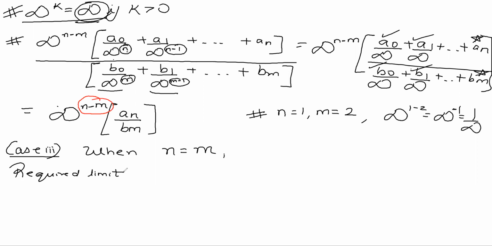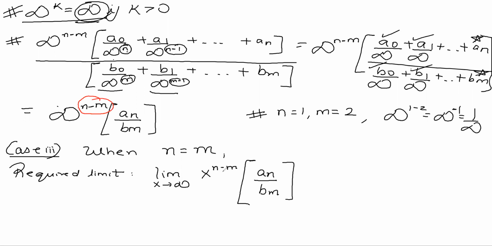What was our limit? If you remember, the required limit was the limit as x tends to infinity of x to the power n minus m, and inside we had an by bm. We have not put infinity right now. So basically everything else became 0.